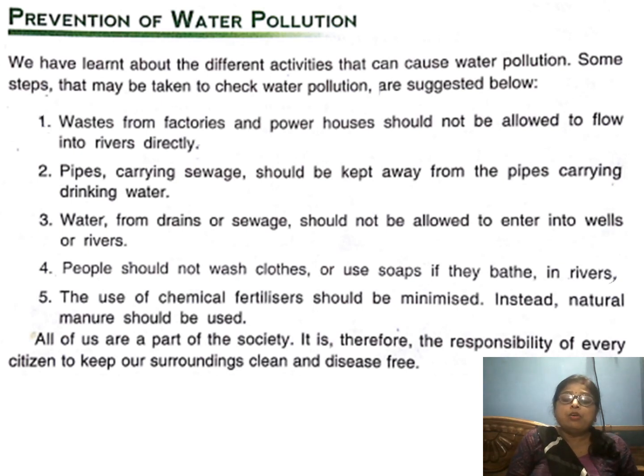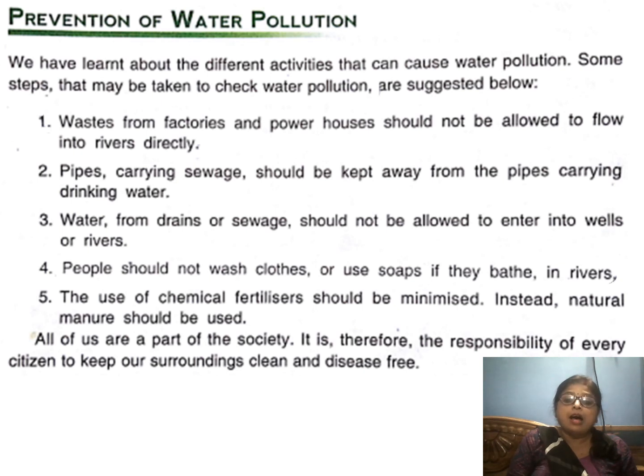People should not wash clothes or use soap if they bathe in the river. The use of chemical fertilizers should be minimized in the field. Instead, natural manures should be used.